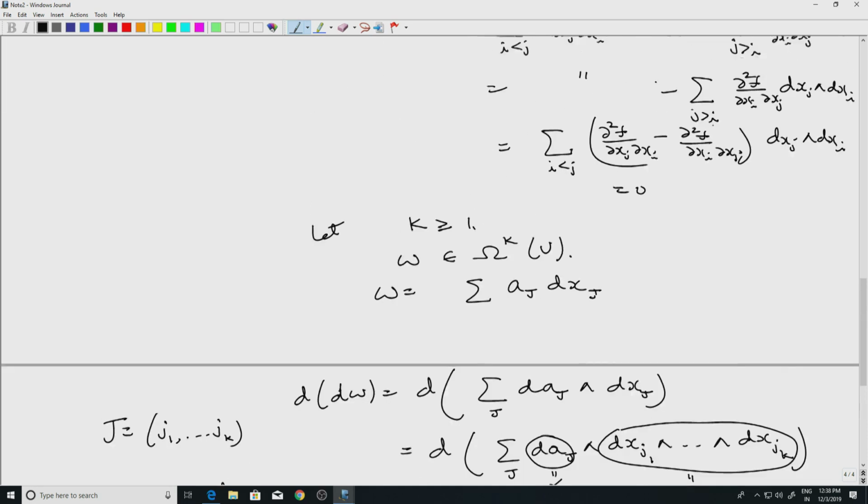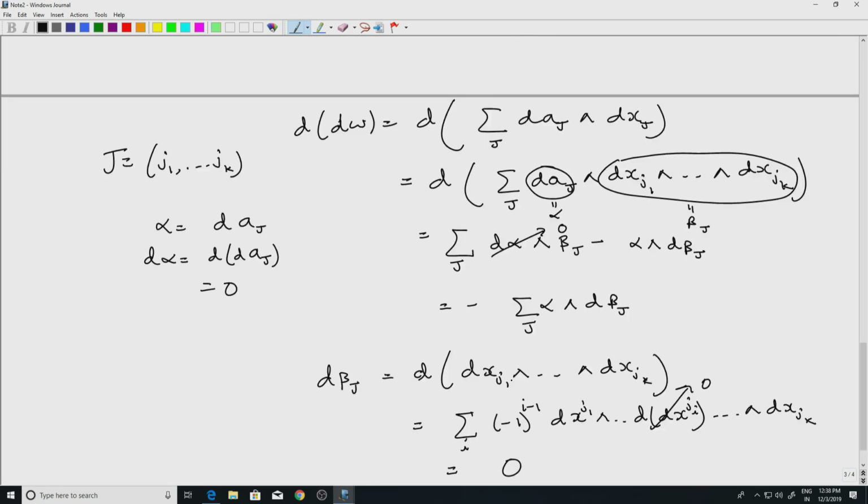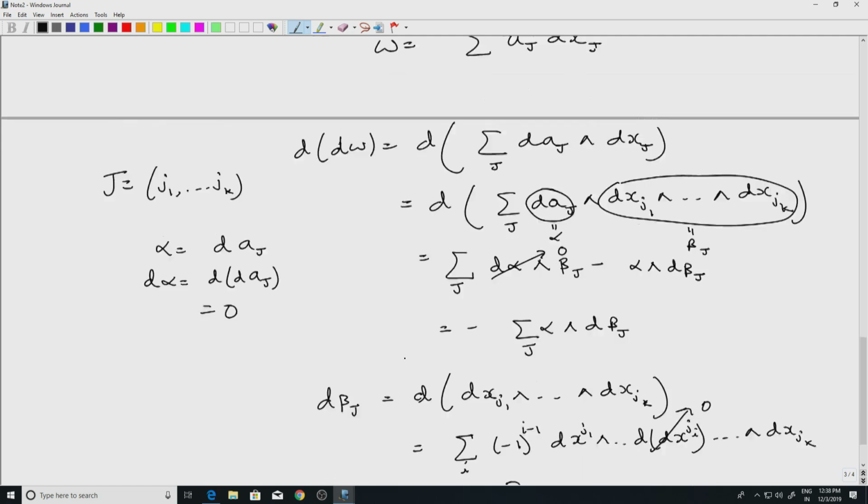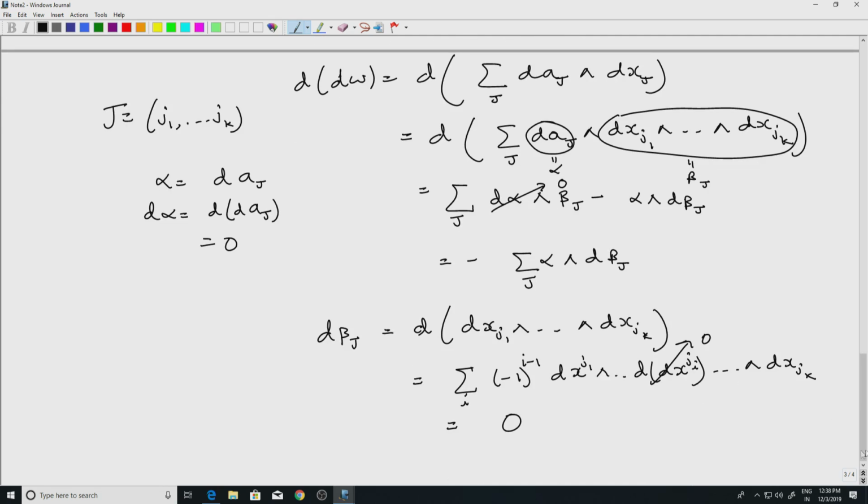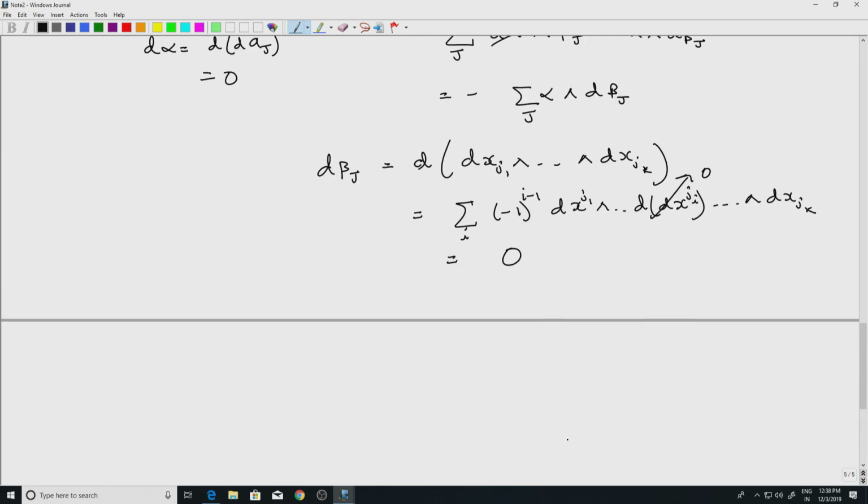So essentially using the previous step, one gets it for all k. But ultimately the fact that d composed with d is 0 boils down to the fact that mixed partial derivatives are equal. So that proves d composed with d is 0.